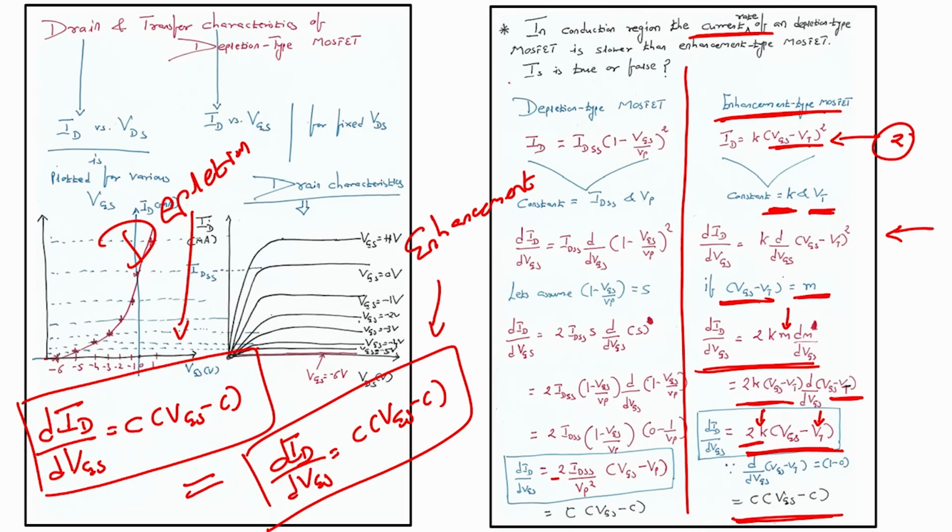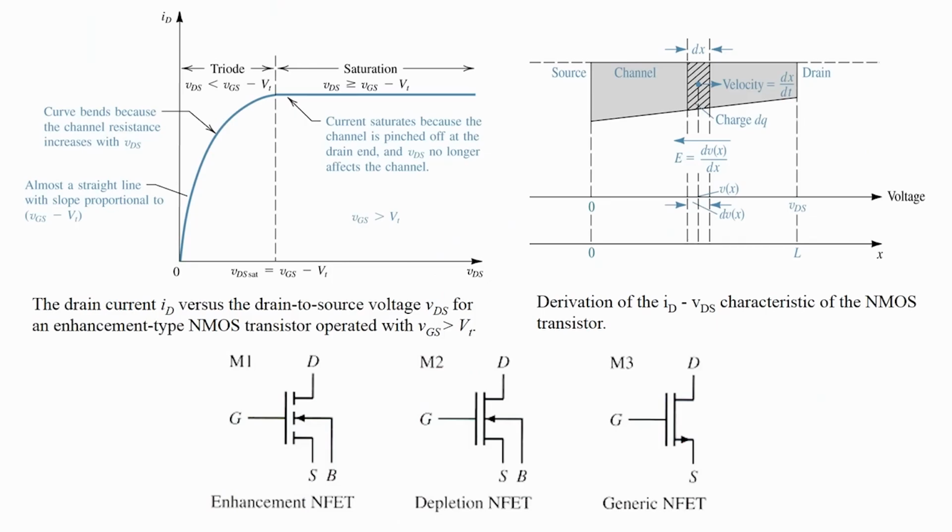So, this statement is false. Easy, super easy. This is how we can derive whether the rate of change of current in a depletion type MOSFET is different from that in an enhancement type MOSFET.